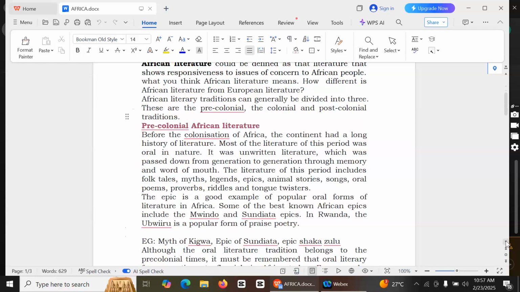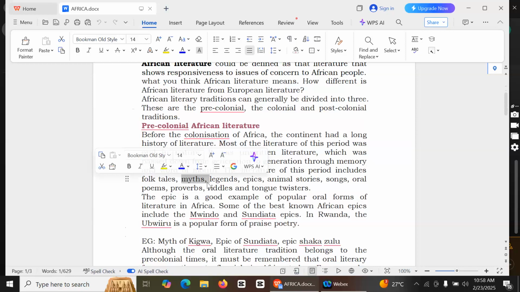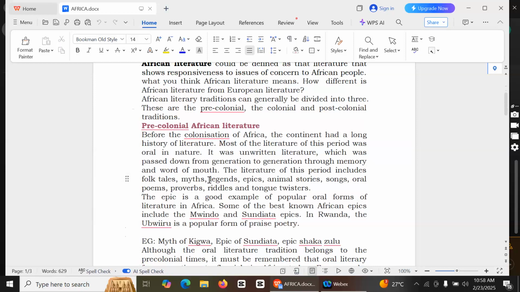Dear student, examples of pre-colonial literature in Africa are folk tales. We also have myths. Remember, myths are stories of creation. Apart from that, we have legends. Legends are stories of extraordinary people who have done extraordinary actions for society.